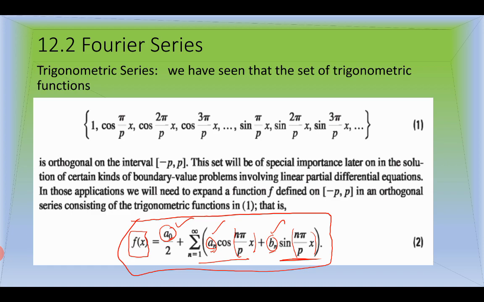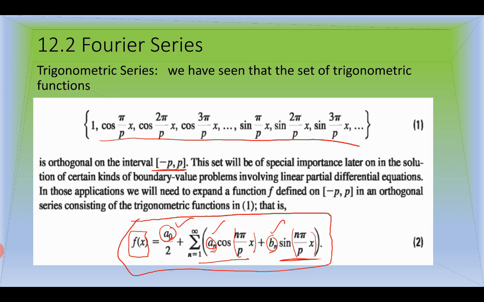So what is going on here? This set we have already seen in the last chapter. This set is an orthogonal set in the interval negative p to p. We have proved it in the last session.